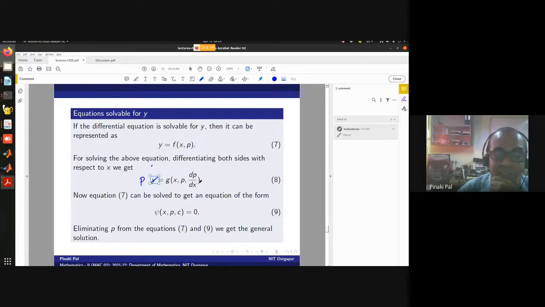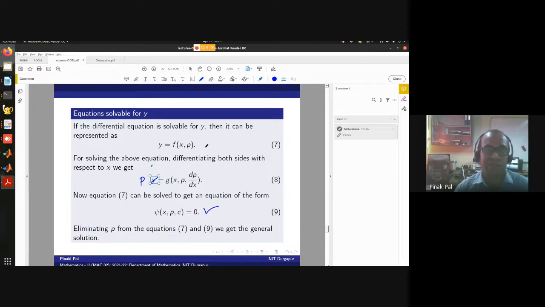If this equation number 8 is solvable, we will get an equation of this form involving x, p and c. Now in a solution p cannot be there. If we eliminate p between 9 and 7, we will get the general solution of the given differential equation 7.